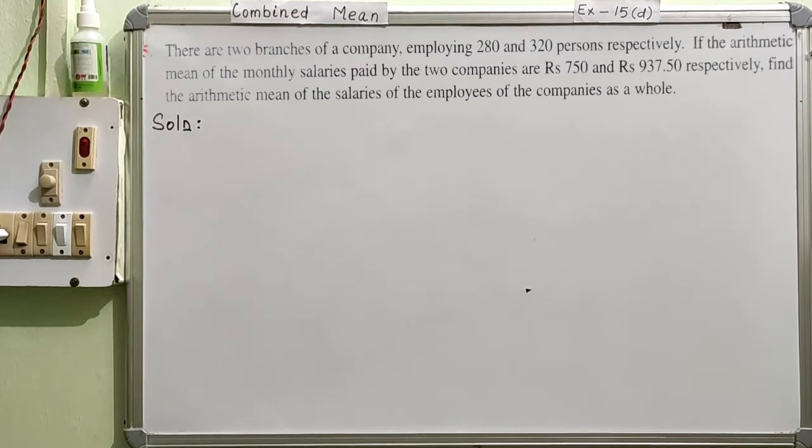If this is so, the question says find the arithmetic mean of the salaries of the employees of the company as a whole, altogether. It means we have to find out the combined mean.